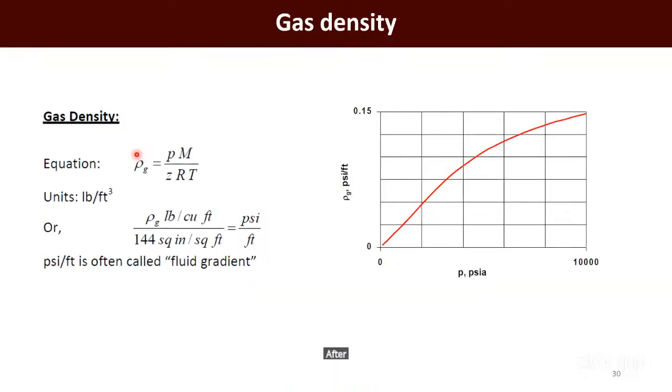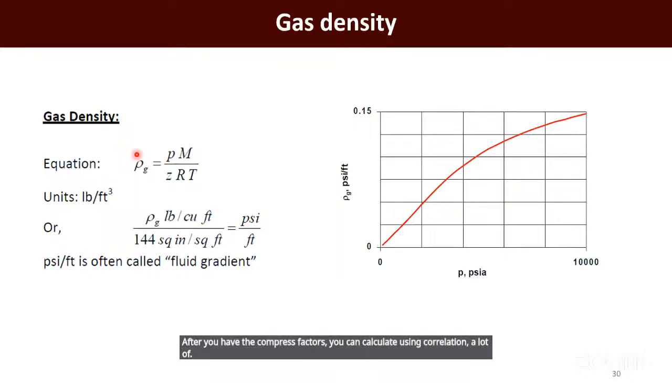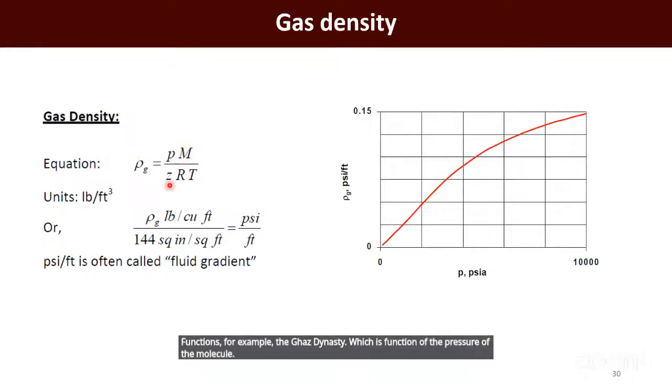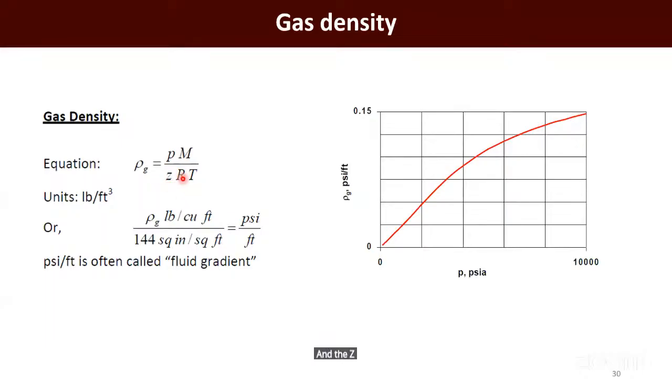After you have the compressibility factor, you can calculate a lot of functions. For example, the gas density, which is a function of the pressure, the molecular weight, and Z, the R, which is a constant that depends on the units, and the temperature. And then you can calculate the density versus pressure.